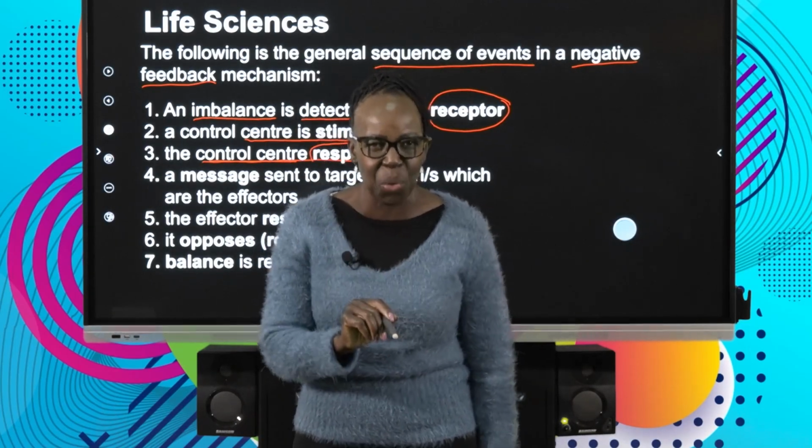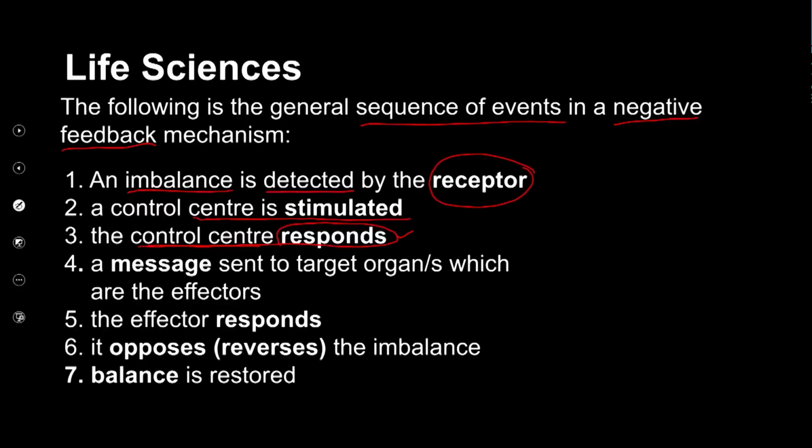We continue with the 4th step. The message is now sent to the target. Remember, we said that hormones must have a target, and the secretion goes exactly to the target.